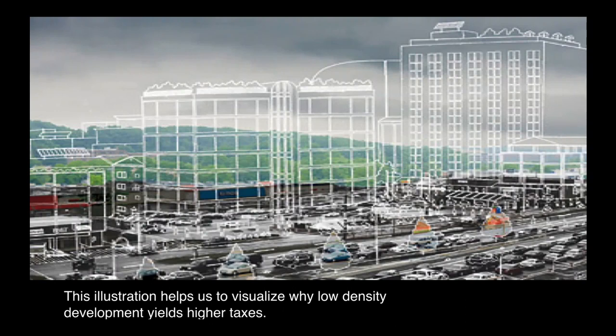Okay, if you look at this, and I'm sorry this is so blurry, I really love this illustration. This actually helps you to see why, if your development is lower density, low rise, sprawled out, and this is actually a photograph of a strip mall. And it's been overlaid with sort of like a chalk drawing of what if it were denser and high rise, right? All of those kind of ghost units there that aren't there, right?